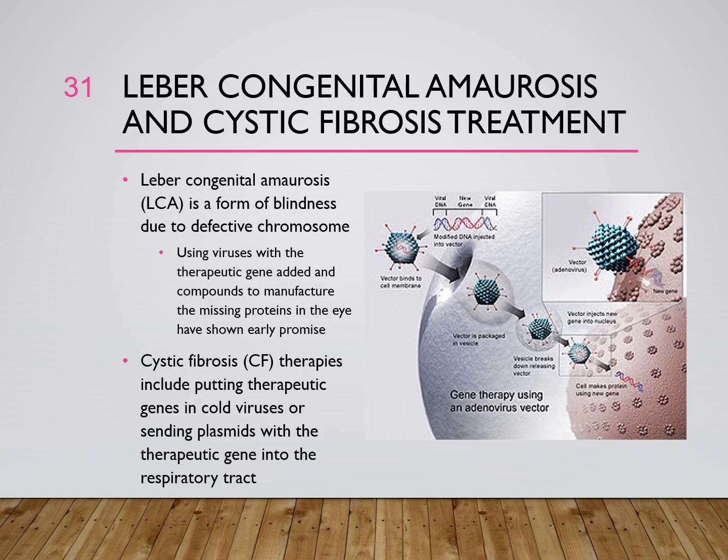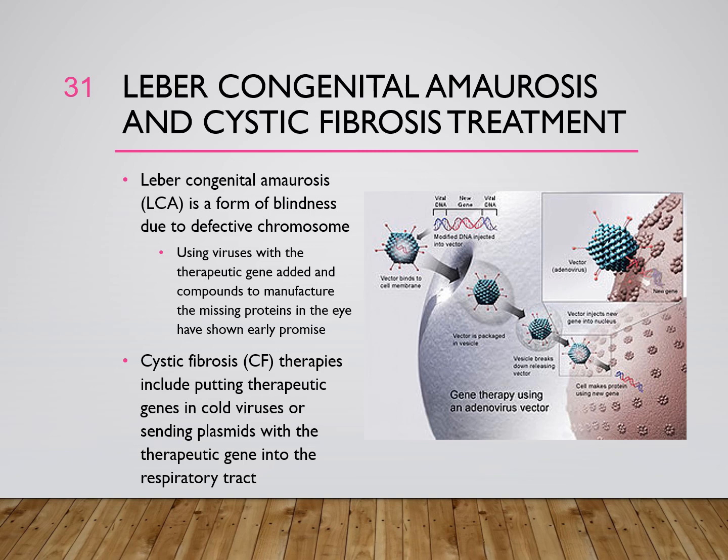A couple of situations where we're using gene therapy is on a condition called Leber congenital amaurosis, LCA, which is a form of blindness due to a defective chromosome. Scientists are using viruses with a therapeutic gene that they have added in hopes that it will manufacture missing proteins in the eye, and that is showing signs of early promise.